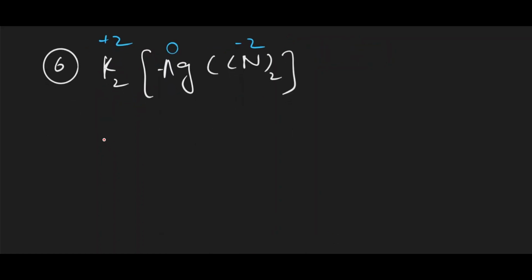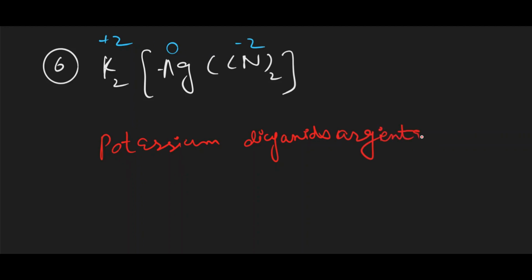So we may write two names of this complex: potassium dicyano, you may write it cyanide, argentate 0 or silver 0. Basically we use argentate when there is a charge on the central metal atom, and we may write silver here because it's completely having 0 charge on it.